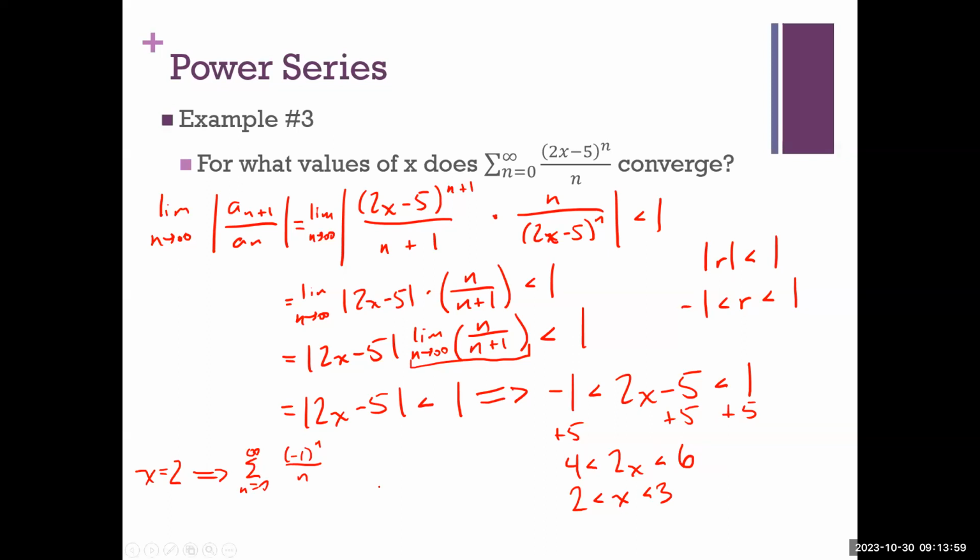One thing I want to point out: now that we're fixing x, choosing a single value for x, it's no longer a power series, right? This is like the series we've been looking at for the last week or two. Does the series associated with -1 to the n over n converge? It should, right?